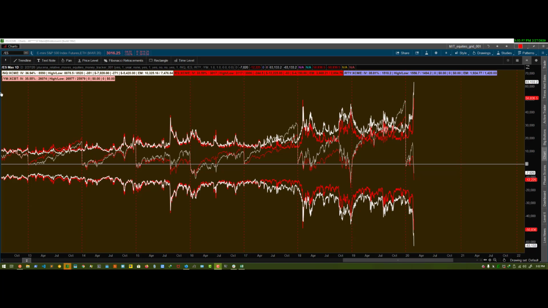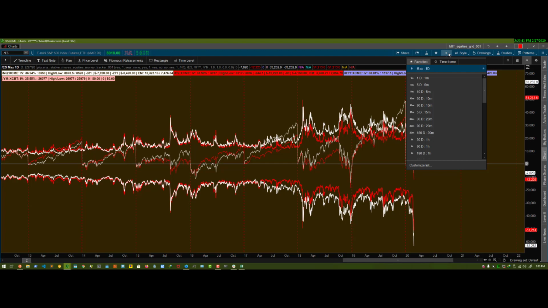In front of you, I have the Equities Edge series chart with just the Nasdaq and the S&P futures plotted. I decided to go back in time. I told my Thinkorswim to show me in daily aggregation all of the data that it has, and I did this by doing 1 day max.